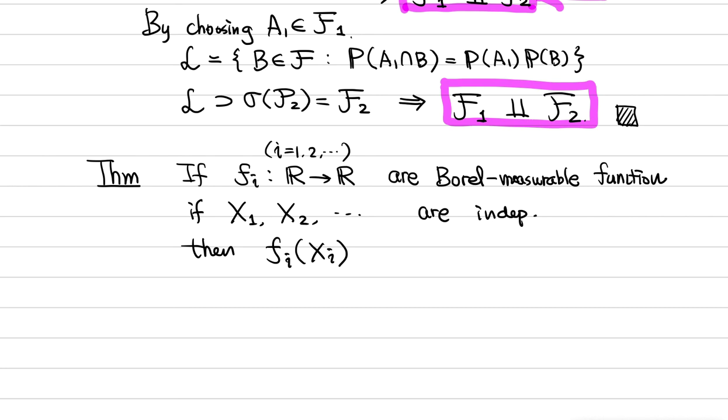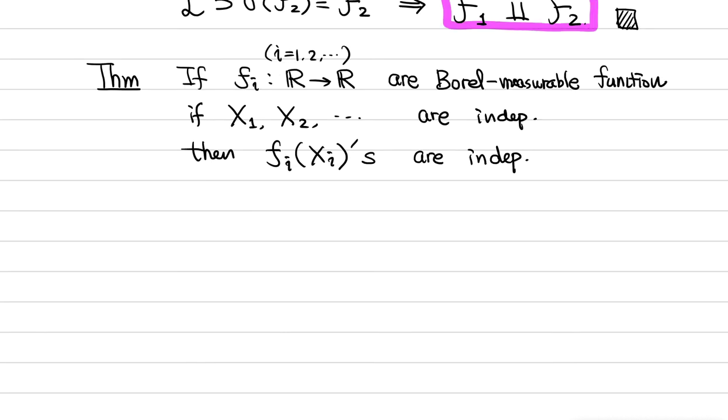Moreover, those random variables are also independent. So for example, if X1, X2, X3 are independent random variables, then X1 squared, X2 squared, X3 squared are also independent random variables.